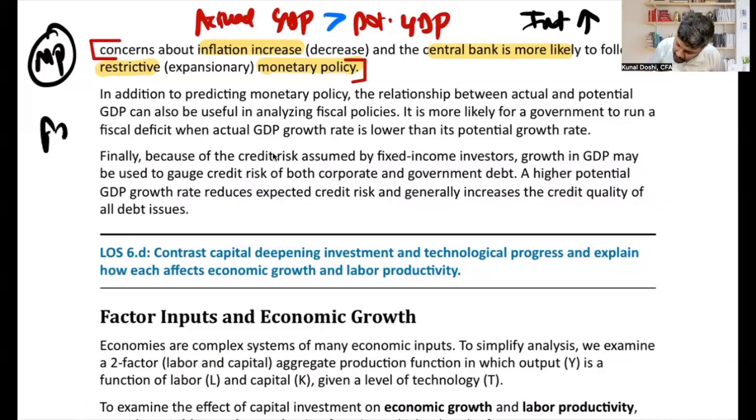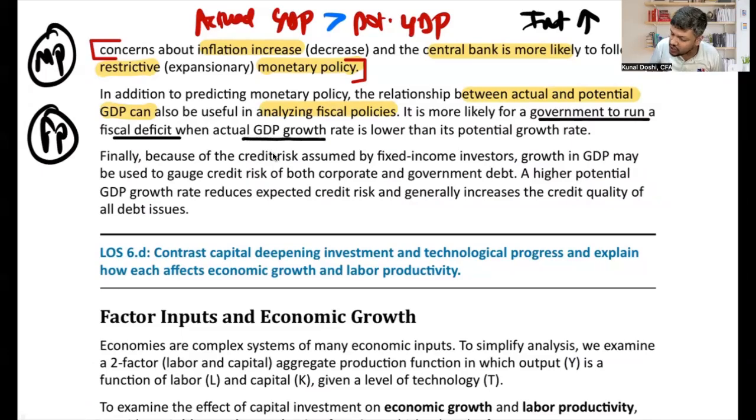What about the fiscal policy? Remember, fiscal policy is all about taxes and spending. In addition to predicting monetary policy, the relation between the actual and potential GDP can be useful in analyzing fiscal policies. So how will actual and potential GDP help us understand what fiscal action the government will take? It is more likely for a government to run a fiscal deficit when actual GDP growth rate is lower than potential.